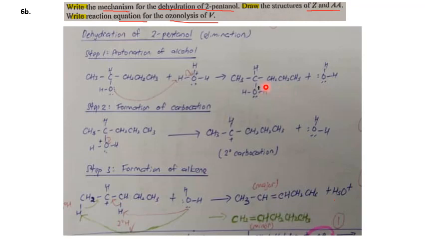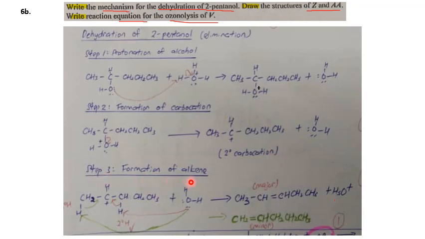Something is missing over here: we have to add the H+, giving a positive charge on the oxygen atom, from the water. And then step 2, formation of carbocation. The C-O bond is broken, so a water molecule is eliminated to form the secondary carbocation.